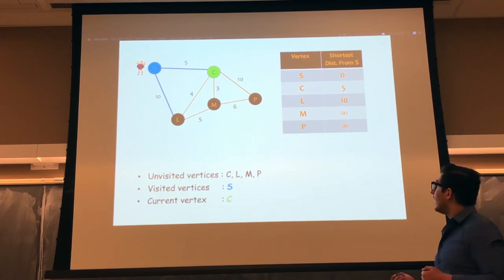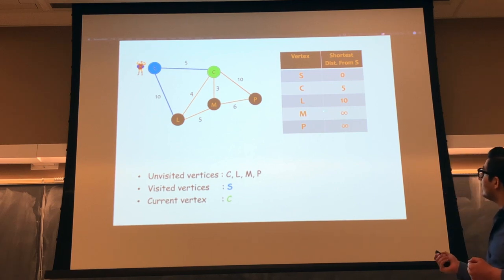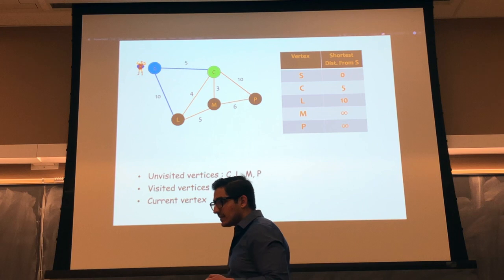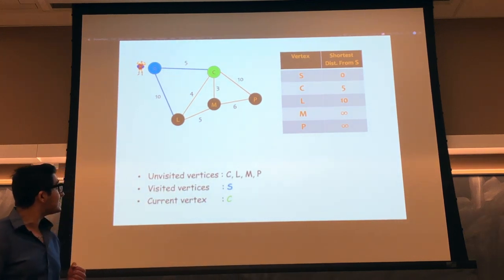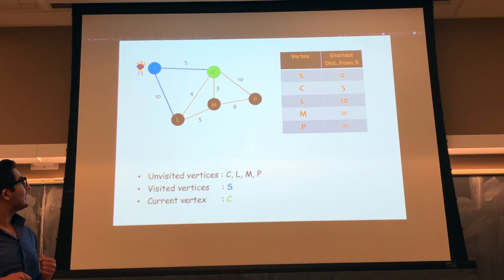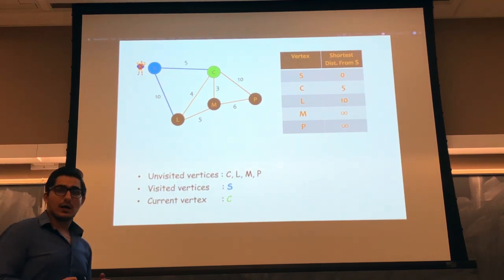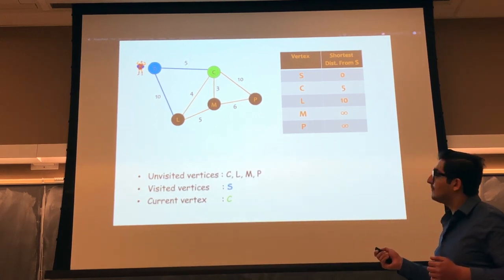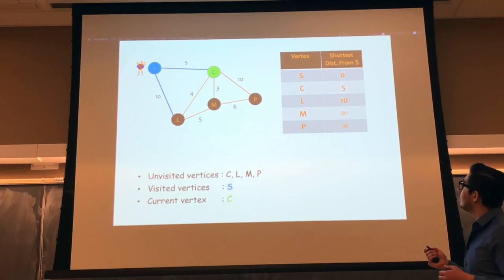In the second iteration, again, we go through the list of all unvisited vertices, C, L, and P, and take the one with the shortest known distance from S. We call that vertex the current vertex, and we examine all unvisited neighbors of the current vertex. For example, consider L. The currently known shortest distance is 10, but if we want to reach it through C as its immediate predecessor, we can get there in 5 plus 4, which is equal to 9 minutes, and that's smaller than 10.